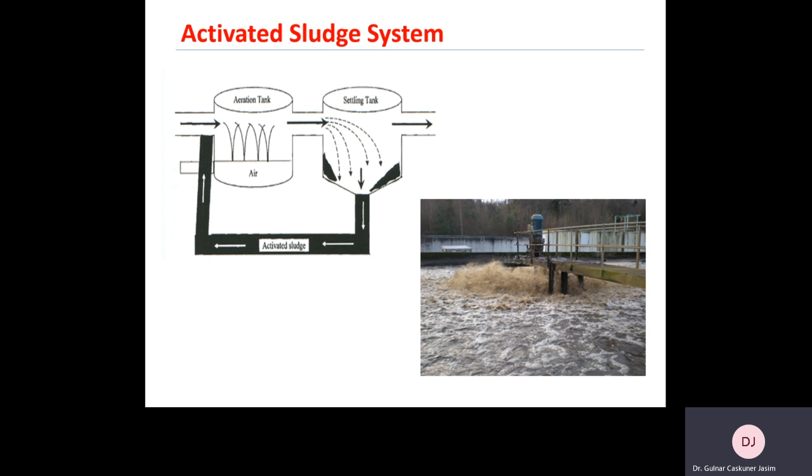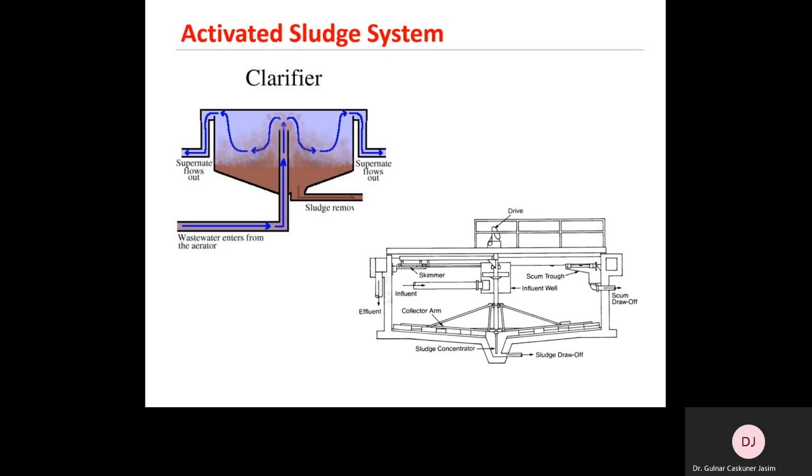So you can see here also another representation, and remember some of the activated sludge, settled sludge, is going back to the aeration tank, feeding the biological content of the aeration tank. And the photo is showing an aerated tank, and you can see the bubbles, which is an indication of the aeration which is going on in the aeration tank.